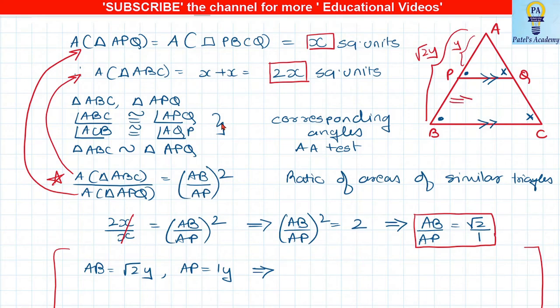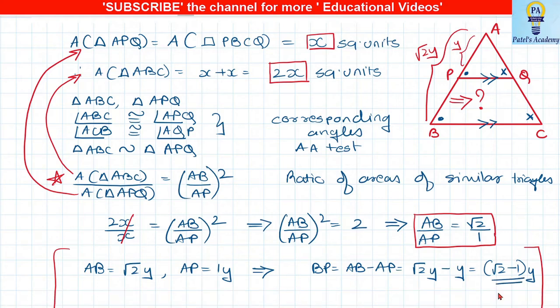So how much will be BP? BP is nothing but AB minus AP, that is root 2y minus y. Taking y common, I will get root 2 minus 1 into y.